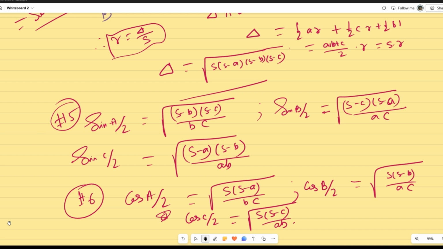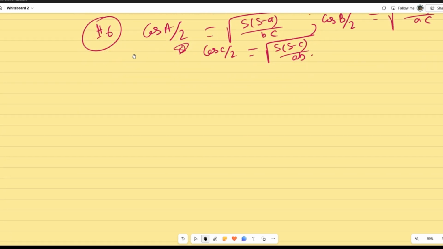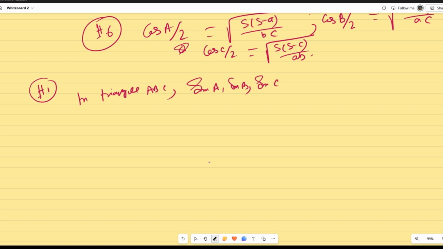Now let us do one very simple problem based on it. I am writing here. Number 1, in triangle ABC, sin A, sin B and sin C are in AP. Then number 1, altitudes of the triangle are in AP.